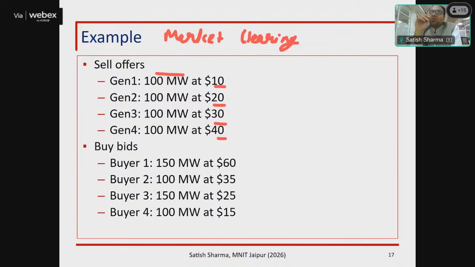So instead of a fixed demand of 500 megawatt, these demands have certain utility functions as well, and based upon that utility function, buyer one is ready to pay 60, and then 35, 25, and 15. These are what they are willing to pay for consuming certain quantities, 150 megawatt or 100 megawatt and so on. So how can we solve it?